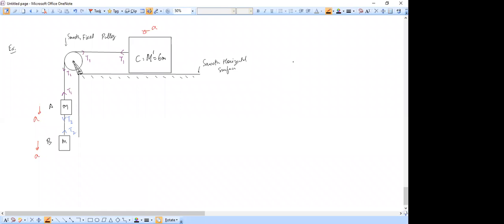So A and B have identical mass, and C has mass m prime equal to 12 kg, or 6 times the mass.